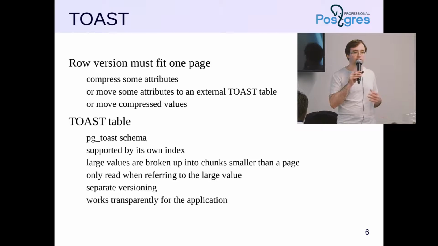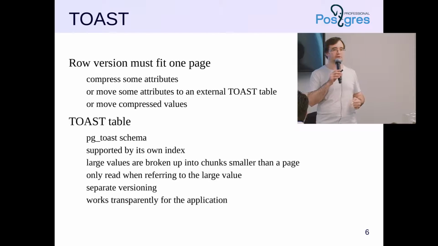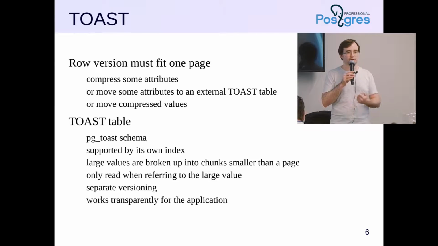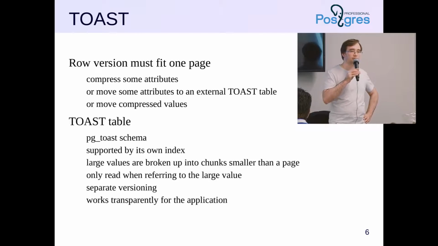And when you query your row, Postgres goes into that toast table, selects all necessary chunks, concatenates them, and returns your long value to the client. And both methods can be used simultaneously.